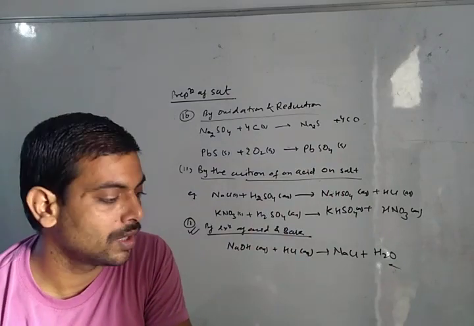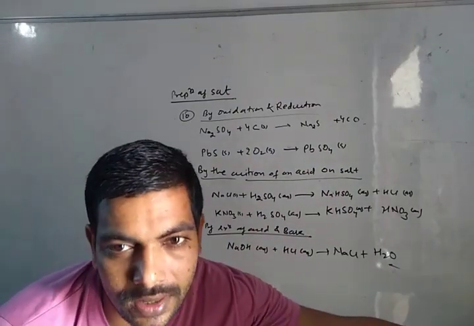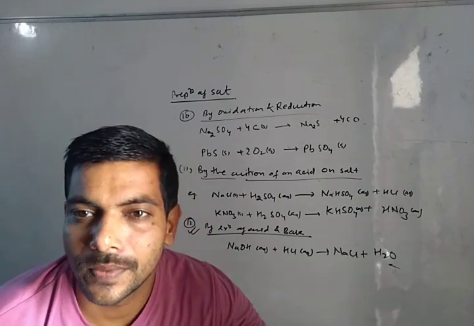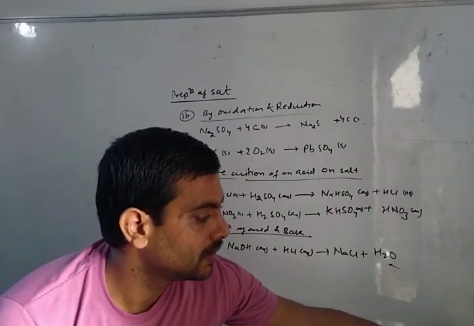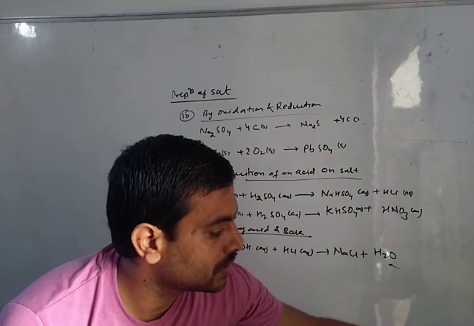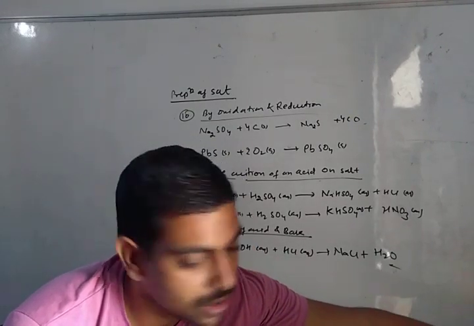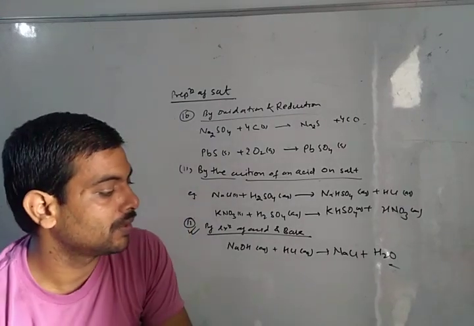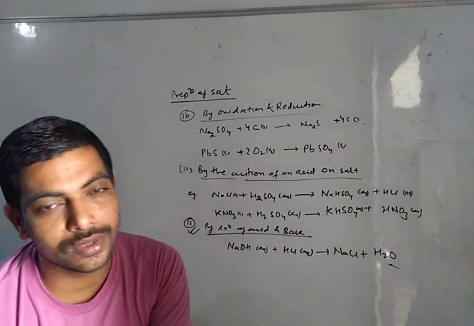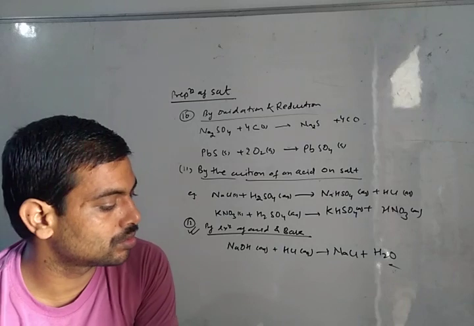You can also identify the family, group and class of the salt very easily. We have also learned about pH solution, so on the basis of the strength of pH we can understand the strength of acid, base or salt.